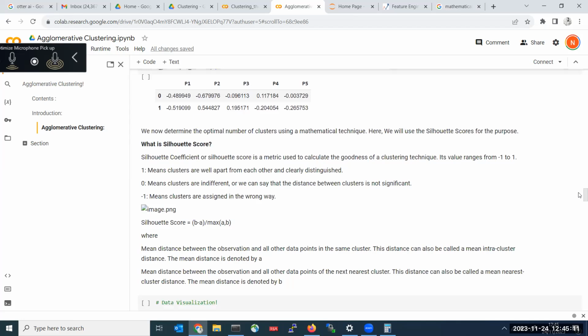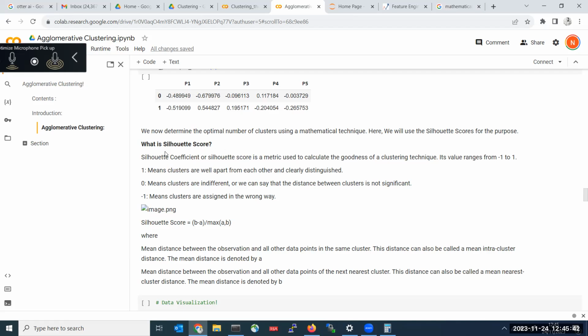Okay, so the next concept is Silhouette score. We will be using this Silhouette score to tell how many clusters we need to divide our data. Why? Because I don't know how many clusters I need to divide, so there should be one methodology for that. Silhouette score is one such methodology. There is another method called the elbow method, which we will be discussing in another session.